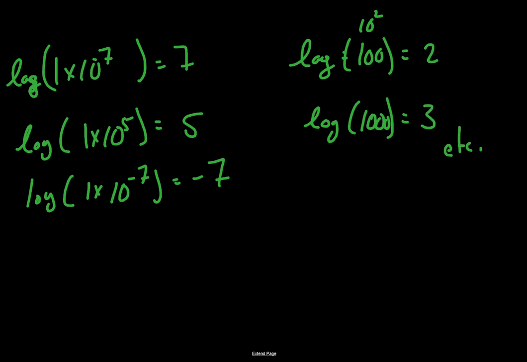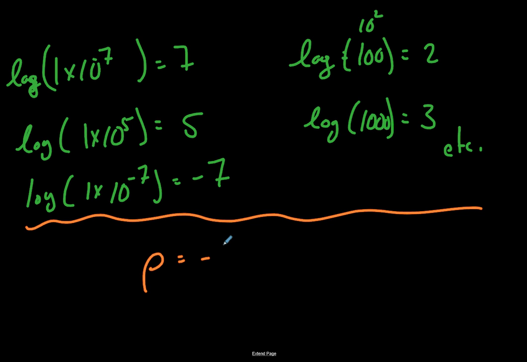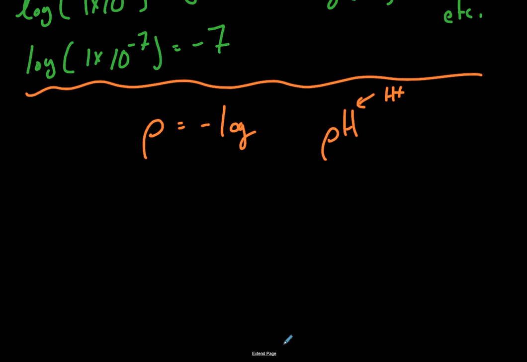Well, pH is like a regular logarithm, but the P symbol simply means the negative logarithm of some value. So if you look at pH, you've got a little p, and then you've got an H. Well, H is representative of H plus. We're almost there.